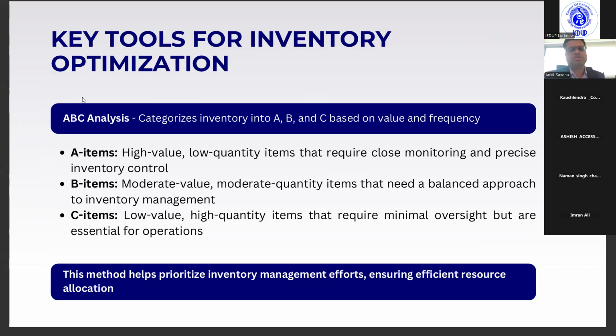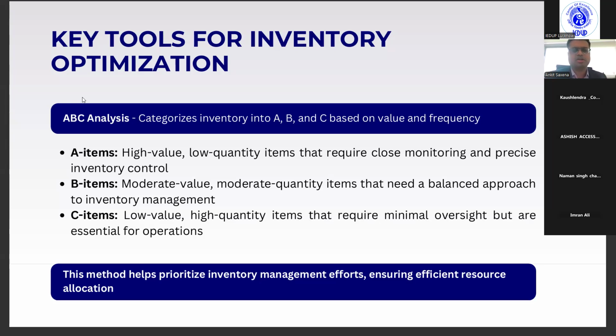Now, the key tools for this inventory optimization, we'll look at a few of these methods. The first inventory optimization method is called ABC analysis. This ABC can be extended further into different categories like A1, A2, A3, B1, B2, B3, C1, C2, C3, based on the number of SKUs you have, based on the number of product lines that you have.